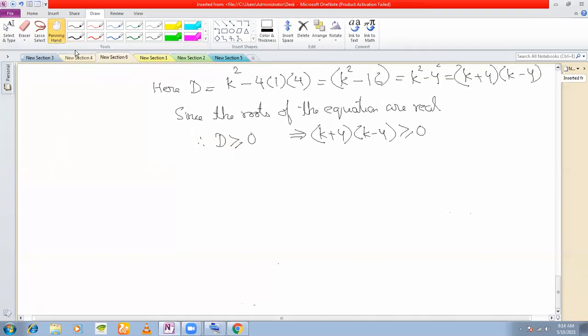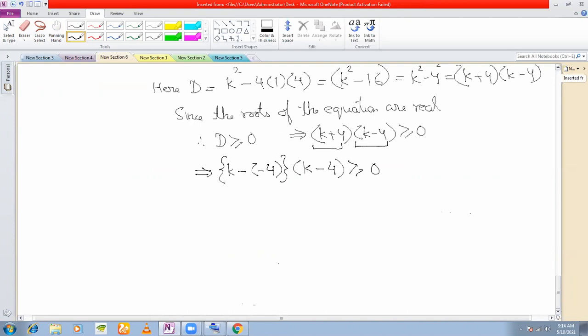Now we shall write it in the form that we just discussed. What was the form that we discussed? X minus A into X minus B. So K minus 4 is here and you have K plus 4. So you write K plus 4 as K minus of minus 4. So this is your X minus A form. What is your X minus B form? K minus 4, greater than or equal to 0.